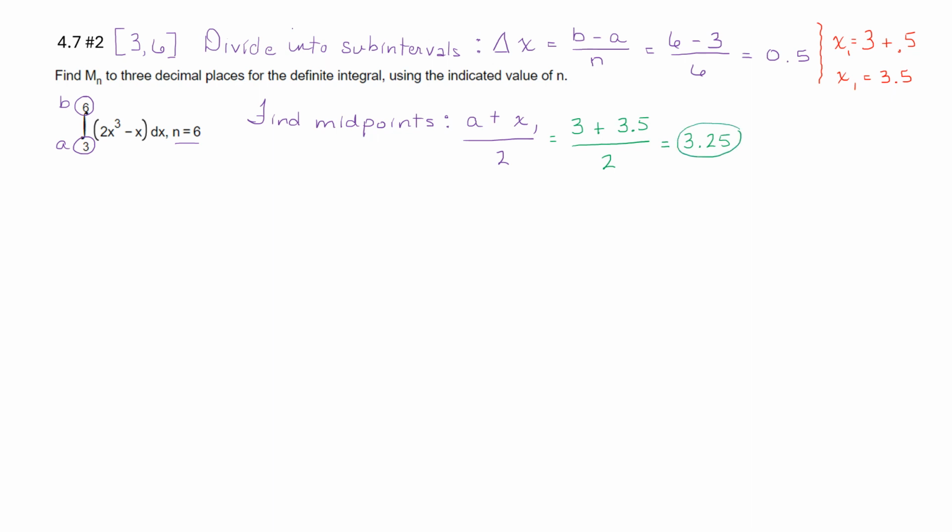So the first midpoint for us is 3.25. Now, since these midpoints are equally apart by this 0.5, we can just add the 0.5 to find the next midpoint. And that'll give us 3.75.